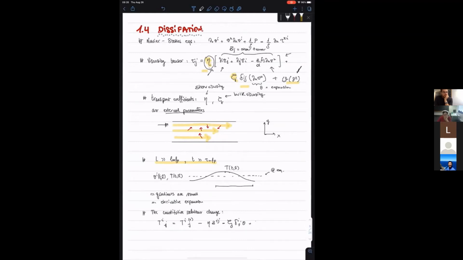But now you have also these additional terms, sigma_ij minus zeta delta_ij theta. And in principle, you can go on. For example, for the particle number current, this will be like this. And here, I introduced another dissipative term, which is called the conductivity.